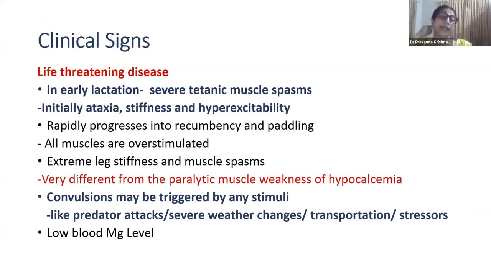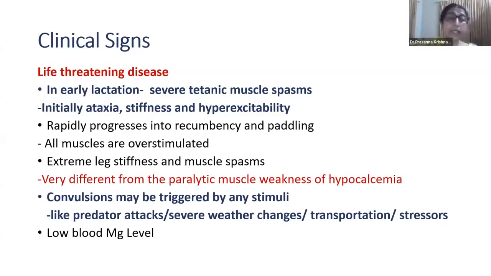So the clinical signs, as we have already discussed in other conditions, it's a life-threatening disease, and in early lactation we may find severe tetanic muscle spasm, ataxia, stiffness, and hyperexcitability. Then the animal becomes recumbent, paddling, and all muscles will be overstimulated. That is the peculiarity of this condition, extreme leg stiffness and muscle spasm, and you can very well differentiate it from the paralytic muscle weakness of hypocalcemia.